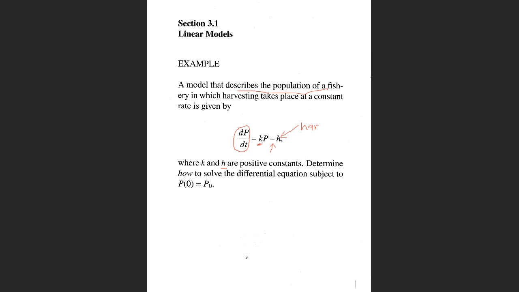And there's a minus in front of that h. Why is there a minus in front of the h? Because it reduces the population. That's right. Good, Michael. The rate of growth goes down when you harvest fish out from the lake.